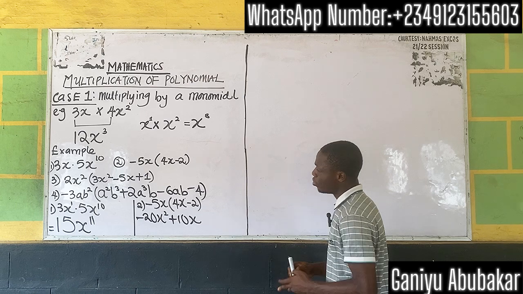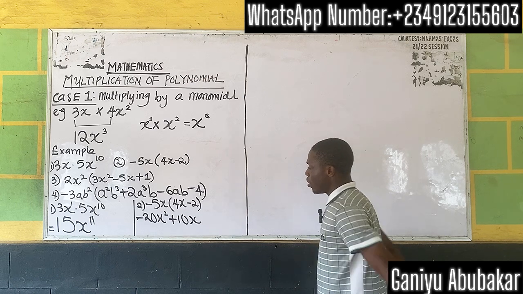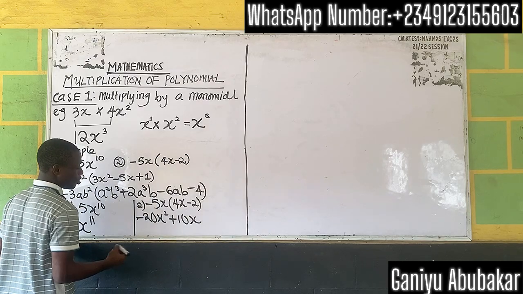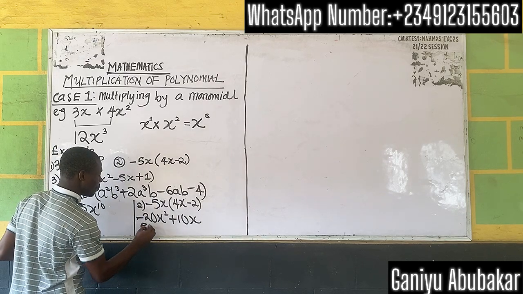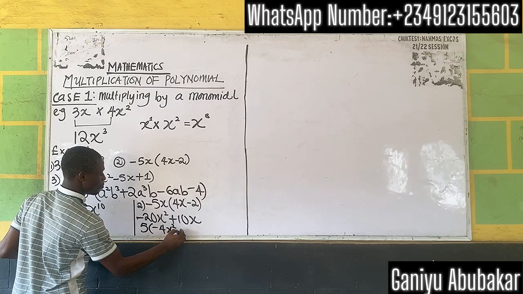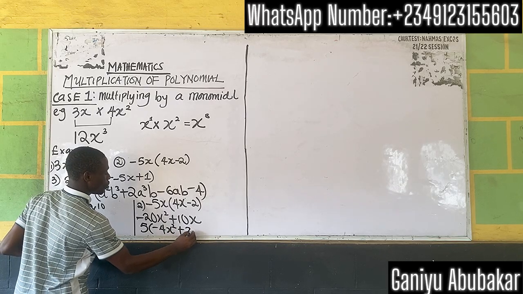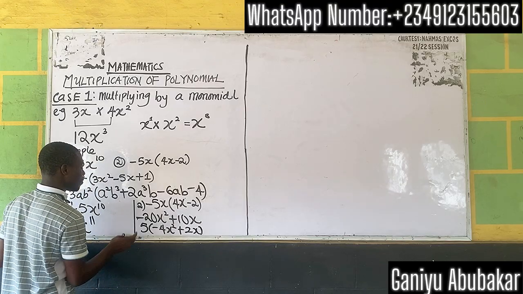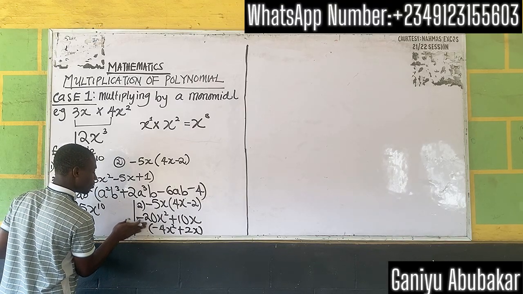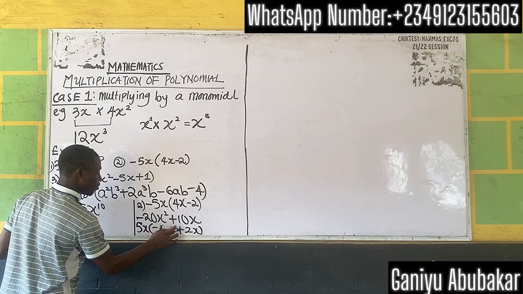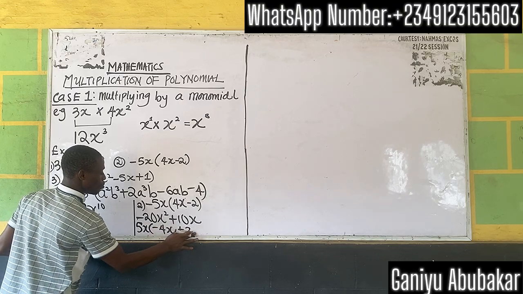If you want to, factorize here. Right? If you want to factorize, 5x here is just 4x, and here is just 2.